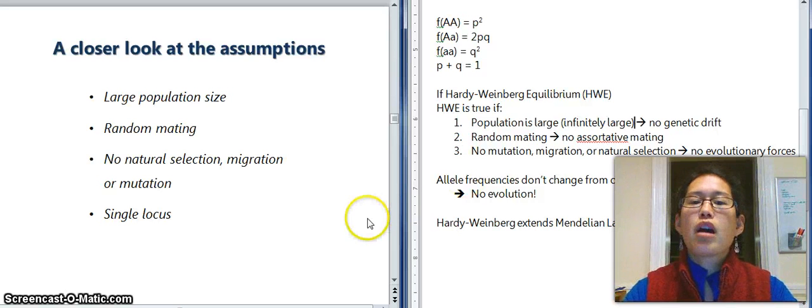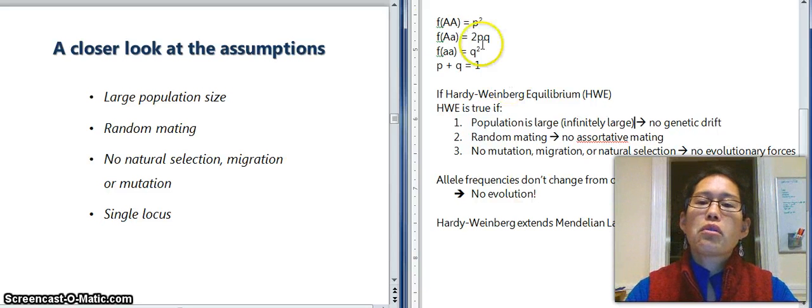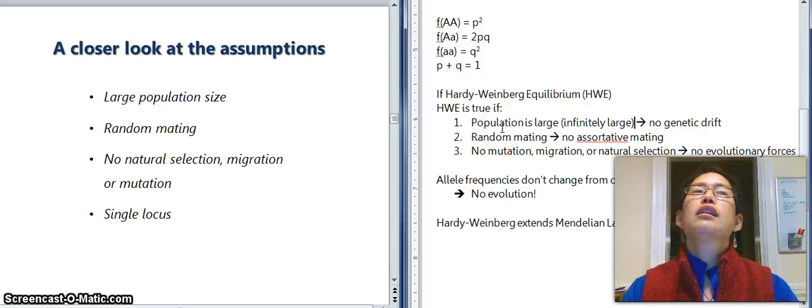Okay, Hardy-Weinberg also applies to single loci, to one locus at a time. And so in this particular case, just the A locus.